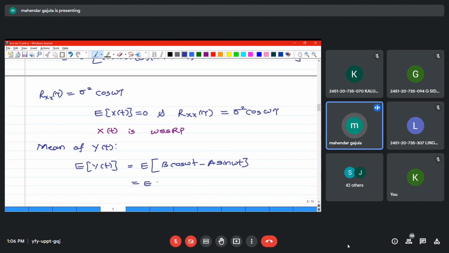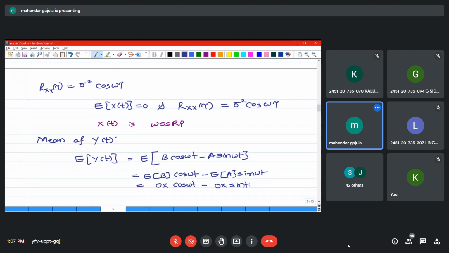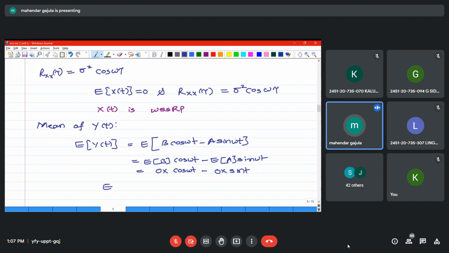So apply expectation on the random variable: expectation of b cos omega t minus expectation of a sin omega t. The mean of b and the mean of a are 0, already given. So the mean of the random process yt is 0.